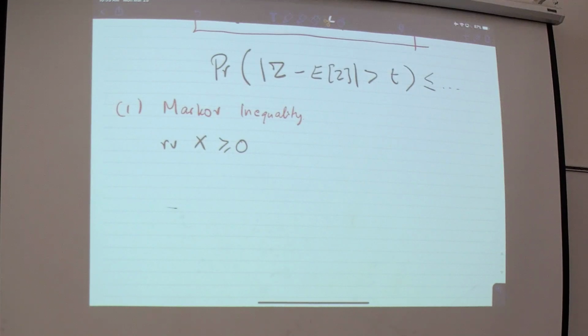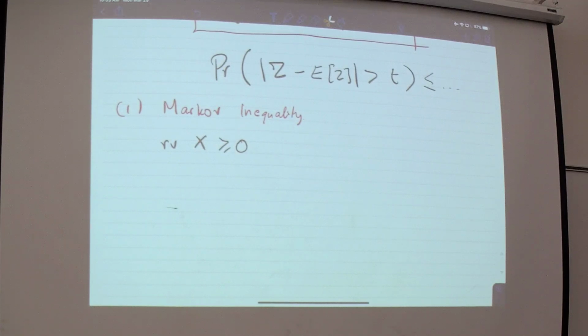suppose it could get a lot bigger than its average value. Suppose the average value was 5 and it could get to 100. Well, if it could get to the value 100 with some probability, that's going to affect the average value. Because the average is merely the computation of probability of value times the actual value. So if the random variable can get to 100 with some probability, then its average will have a term, some probability times 100.